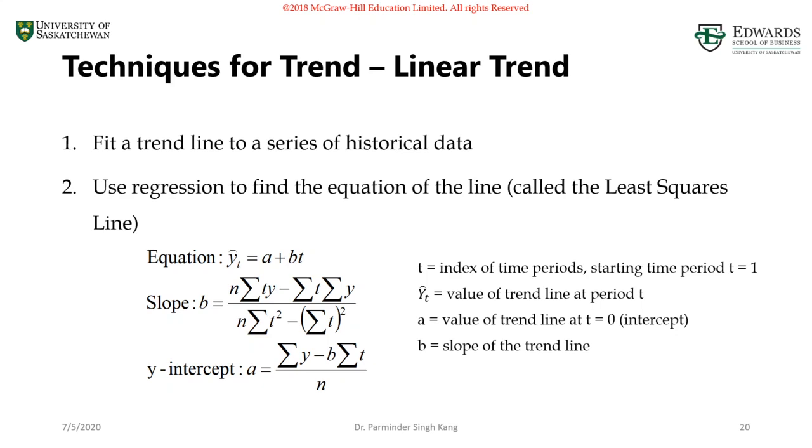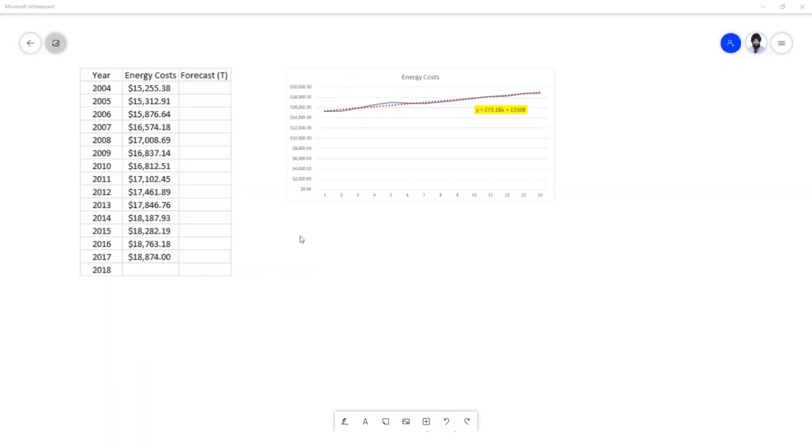However, I will not ask you to develop this equation manually. For the forecasting process, if there's a manual question, I will give you the equation of the line and ask you to forecast for a particular period. Otherwise, I will give you a data set and you can use Excel to get the trend line. The other way to ask this question is, I will give you the data set or the trend line, then ask you to give me the forecast for 2018 using linear trend.